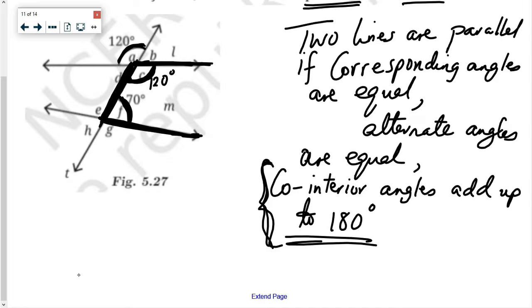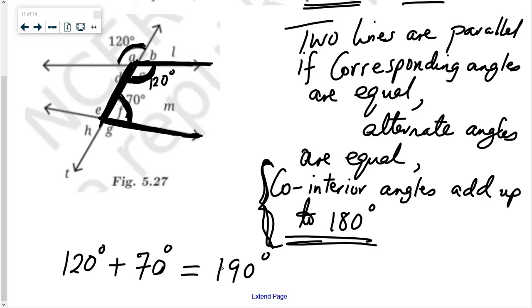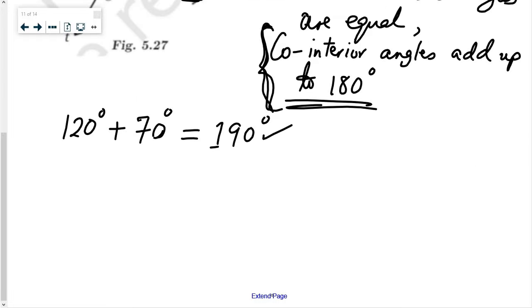Okay, now let us see. 120, which is this angle, plus 70 degrees, you are getting something different from 180 degrees. You are getting 190. Now, how do we conclude that?